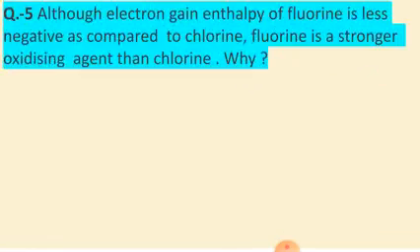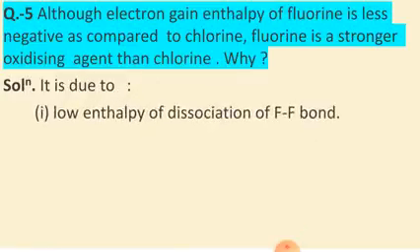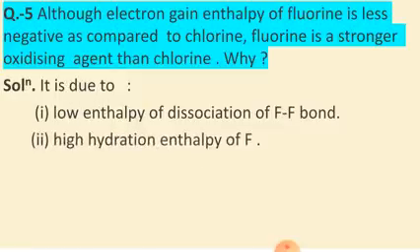Now dear students, next question, question number 5. Although the electron gain enthalpy of fluorine is less negative as compared to chlorine, fluorine is a stronger oxidizing agent than chlorine. Why? You can write the answer this way. It is due to, first, low enthalpy of dissociation of the F-F bond. This is due to lone pair repulsion on the small size of fluorine, and then high hydration enthalpy of fluorine.